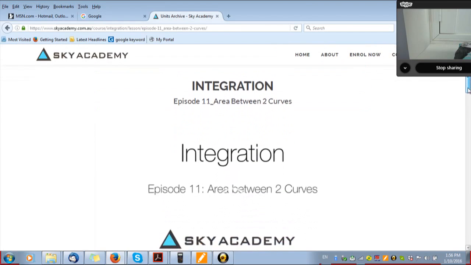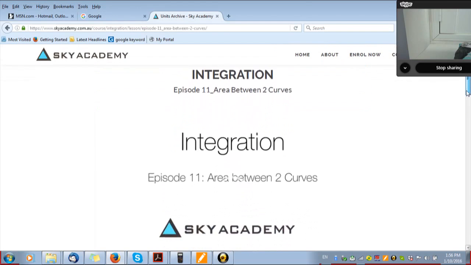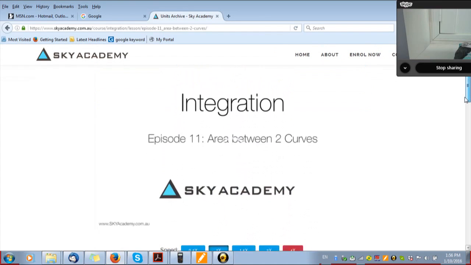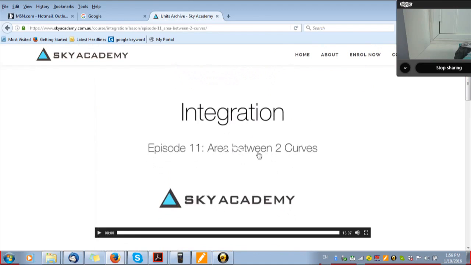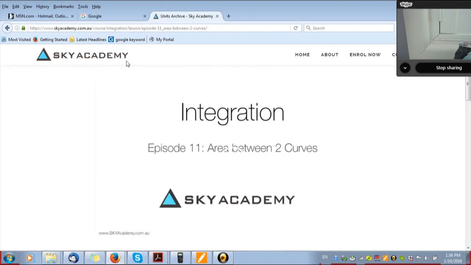Use the same login as what you use on the computer, and you can basically watch it on your phone or whatever. It'll be easier for you to watch than having to organize to sit in front of a computer or a desktop. So what's it called? Just Sky Academy, but I think it's one word. All right. Okay.